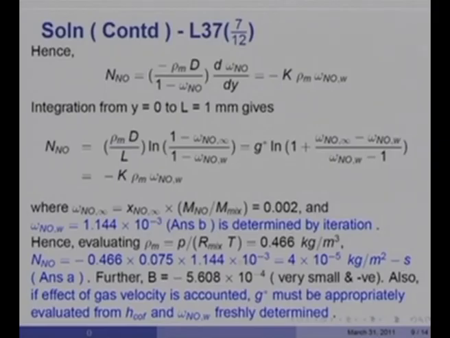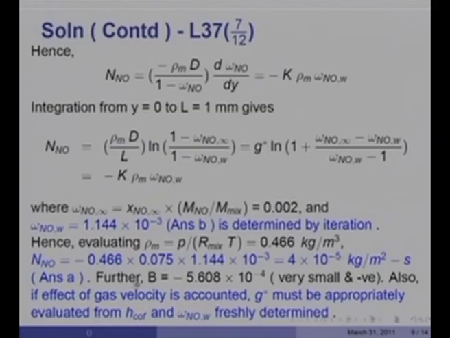So, that is the first part of the problem. So, in other words, if you want to remove NO, this will tell you what is the amount of catalyst surface you will require to obtain a given amount of removal of NO from that surface.